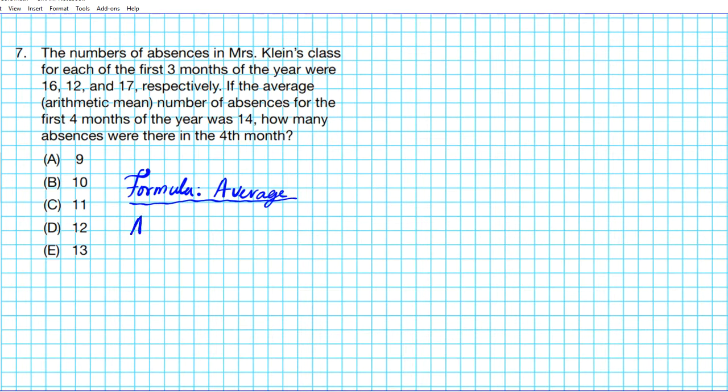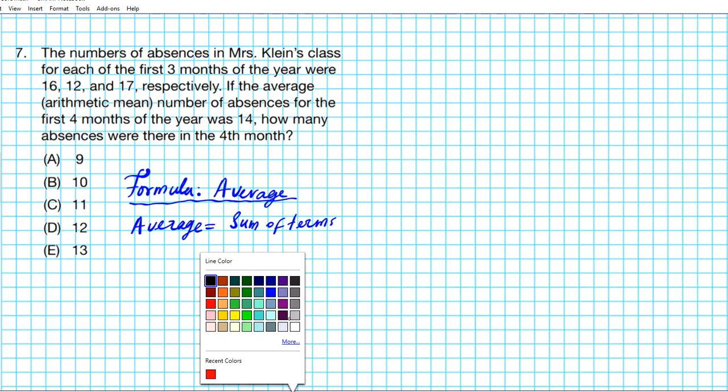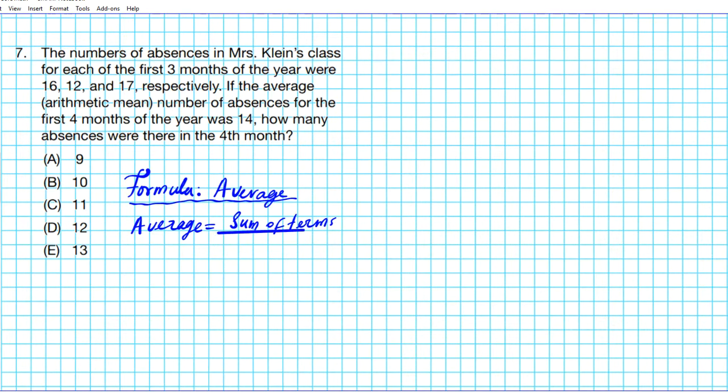The average is basically the sum of terms divided by the number of terms that you added. Okay, so sum of terms divided by number of terms. Alright, so let's go ahead and get started with our calculation using this formula.